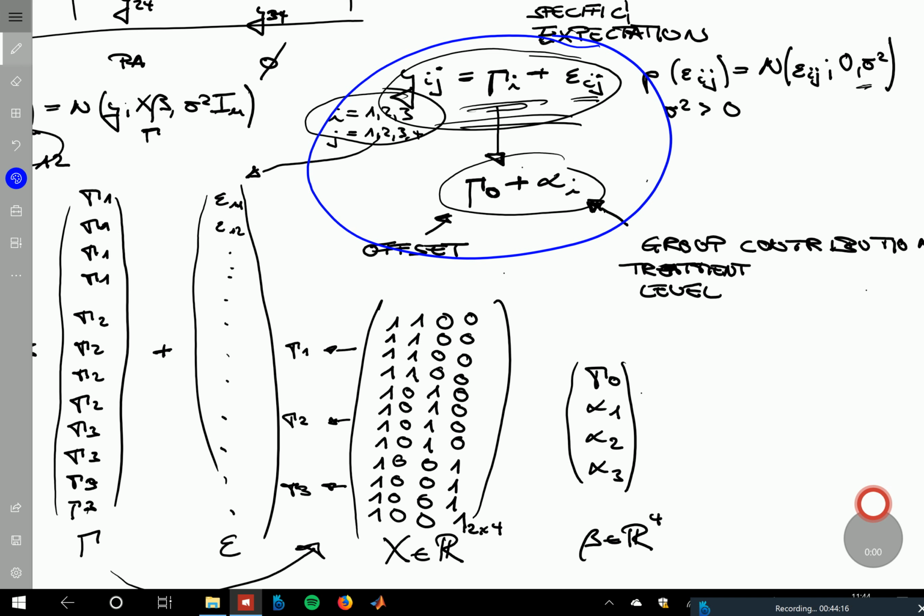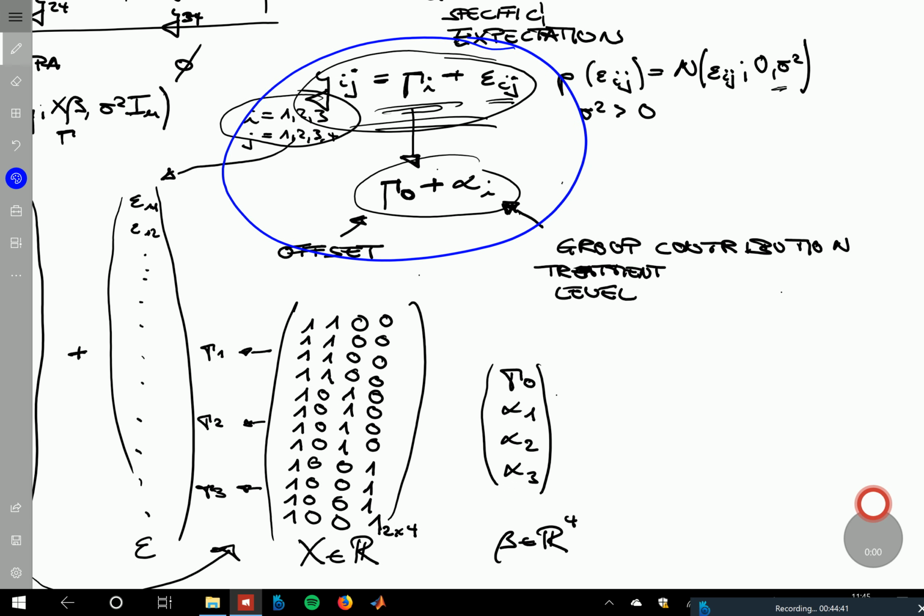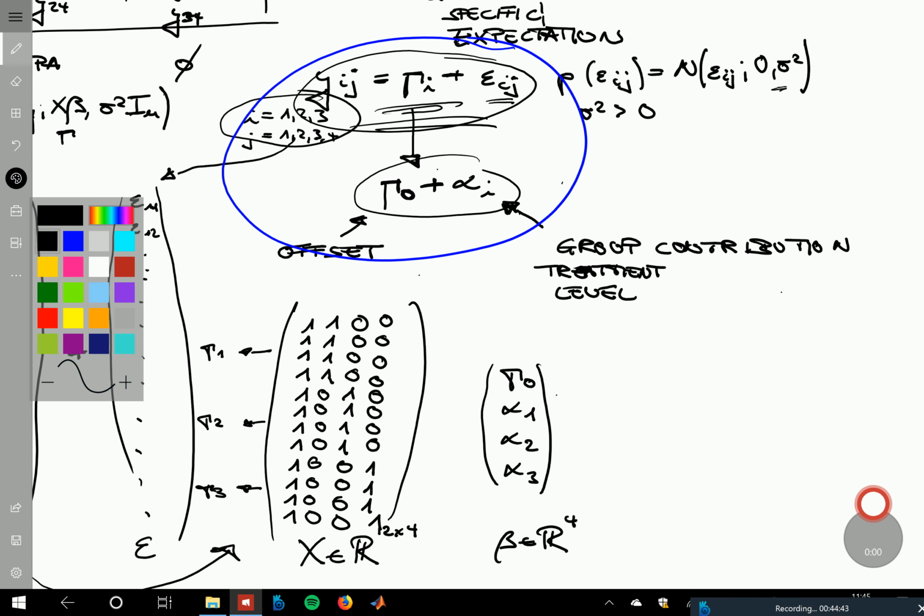So essentially, the ANOVA model consists of this group-specific expectation parameter, and that's the structural form, if you want, which is due to an offset and a group-specific treatment effect. So the alpha i is the group-specific contribution or effect. That's also what I should put here.